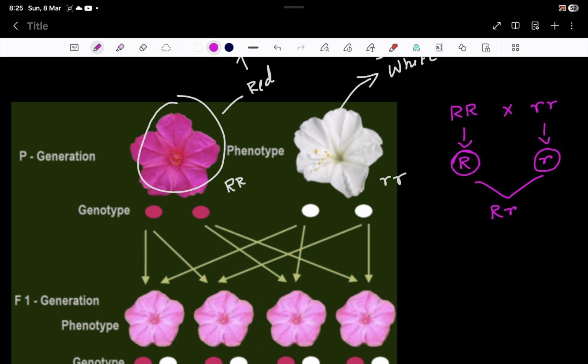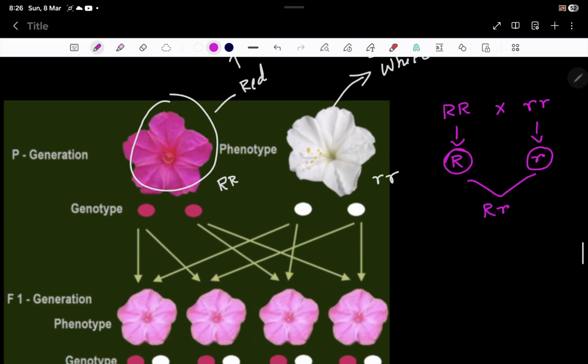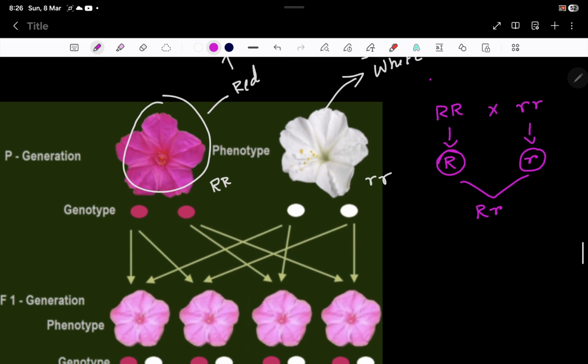So it will produce a heterozygote of capital R and small r, where none of them is dominant over the other. So what will it produce? The phenotype will be pink. This was red, this was white.